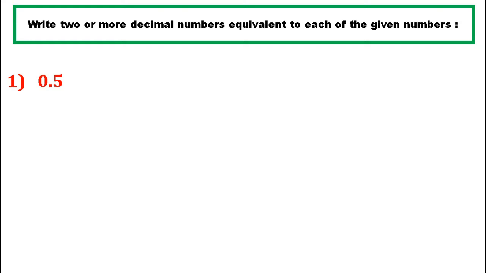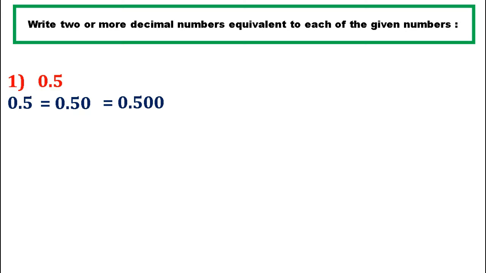So we have to write 2 equivalent decimal numbers. So the first equivalent decimal number will be 0.50, because 0 at the extreme right of a decimal point can be easily omitted and its value will remain unaffected. So 0.50 can also be read as 0.5.